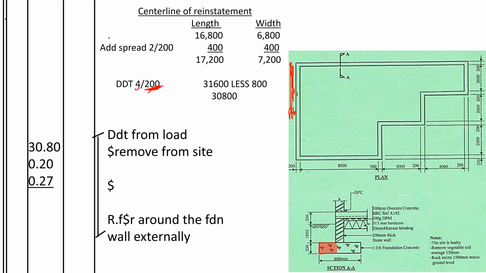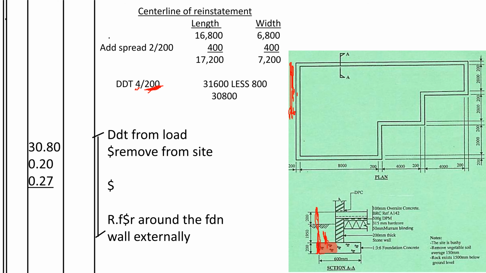So we shall take the external dimensions, which shall be along this line that I'm marking here. You give an allowance of 200 to the external dimensions of the walls all around the building, because we want to find this center line at the center of the spread that is outside.